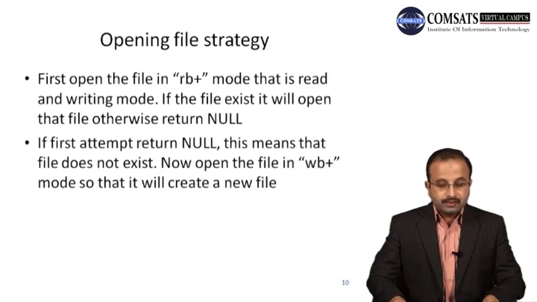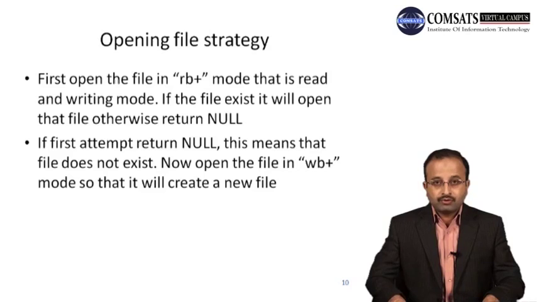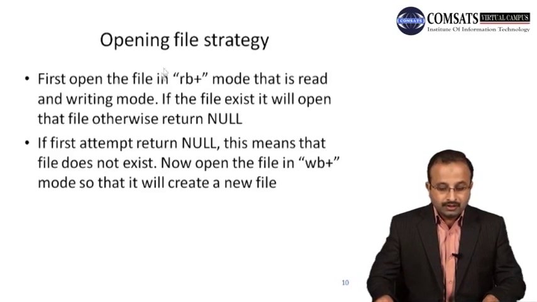Then if the first attempt returns null, this means that the file does not exist, and this is the first time you are running this program, because when you run this program the first time, the fopen function with RB plus will return you null, because the file does not exist. So this means that the file does not exist.